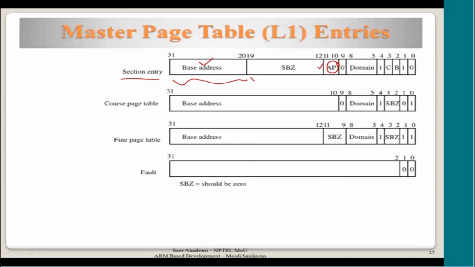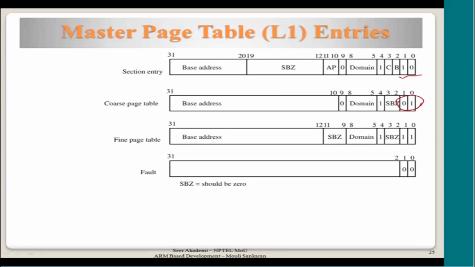So it will have access permission here, and the domain is another level of control, which I will explain shortly. And then what are the behaviors of cache and buffer? If the entry has 10 as the lower 2 bits, then the MMU will consider it to be pointing to a 1 MB section directly. It is not pointing to another page table entry.